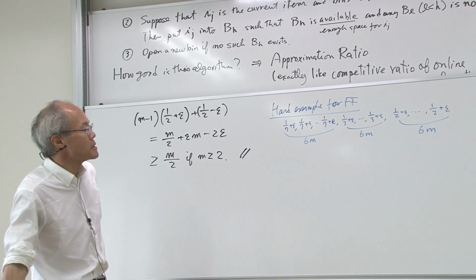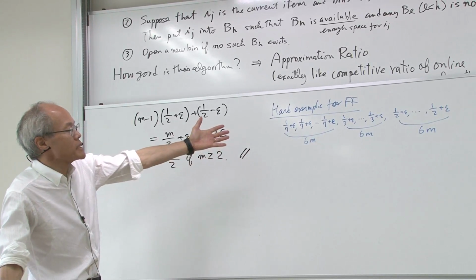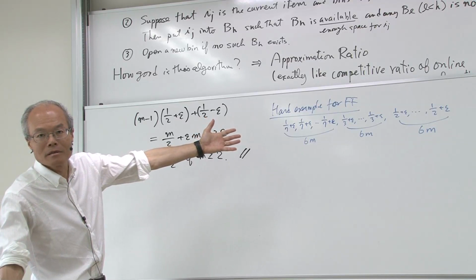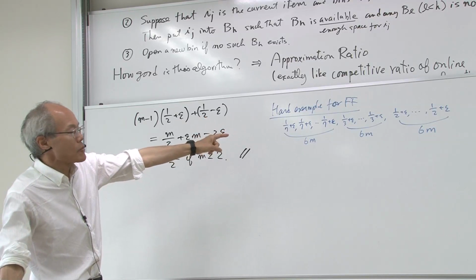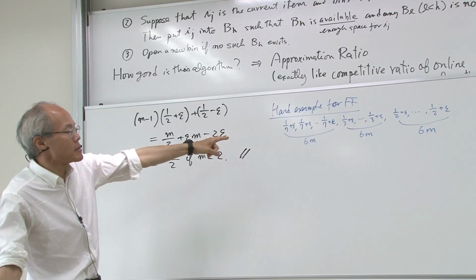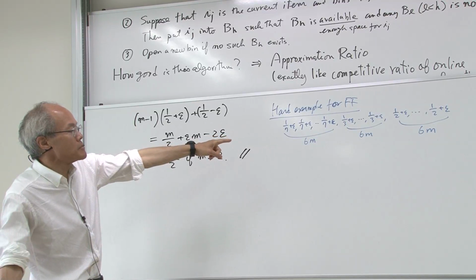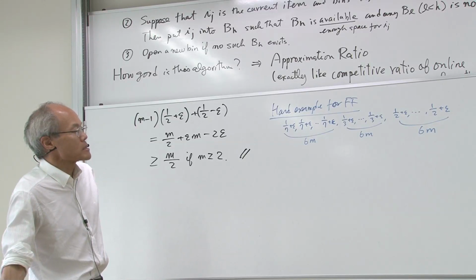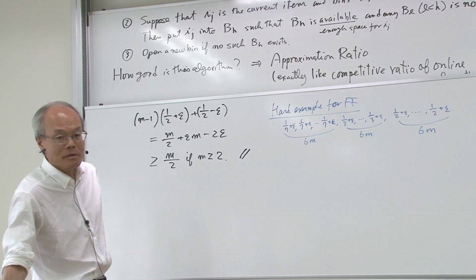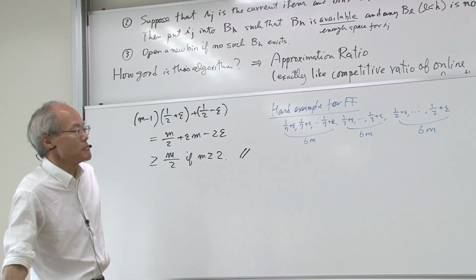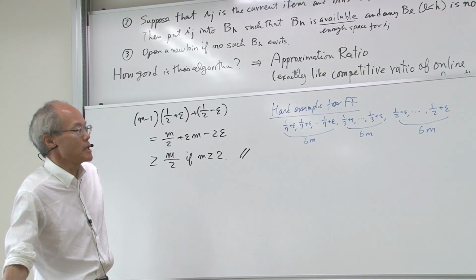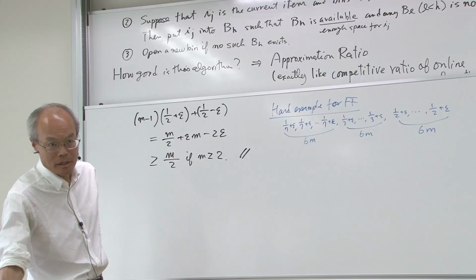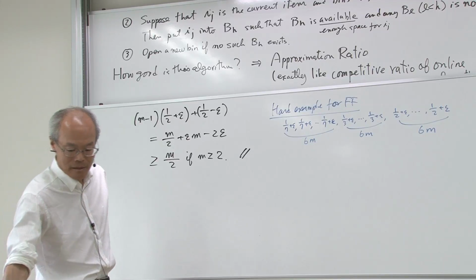We have 6m items of size 1/7 plus epsilon, 6m items of size 1/3 plus epsilon, and 6m items of size 1/2 plus epsilon. Epsilon is a small positive constant, of course.